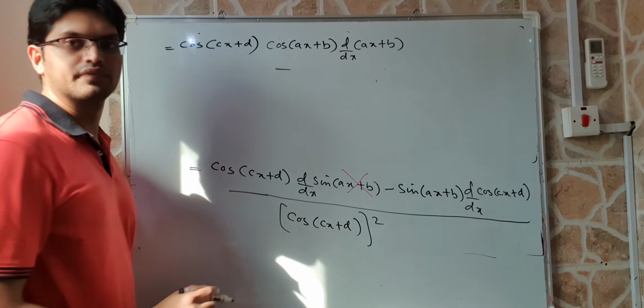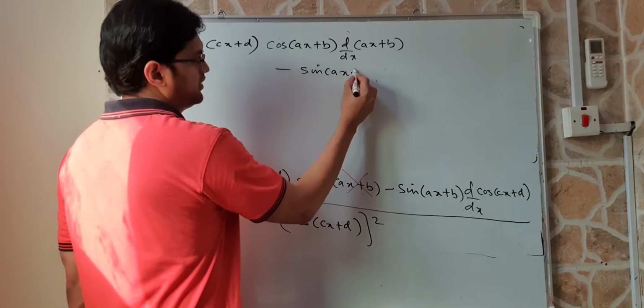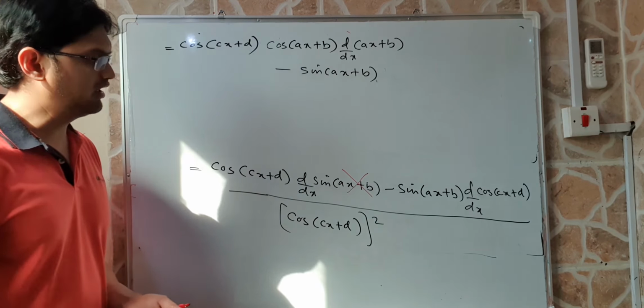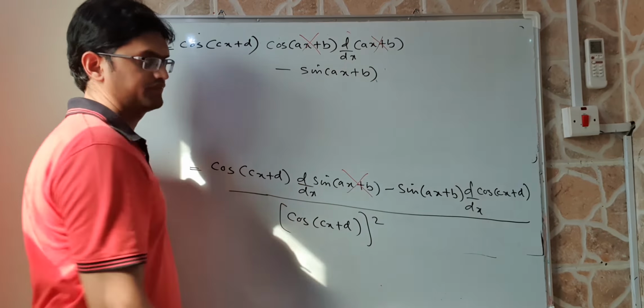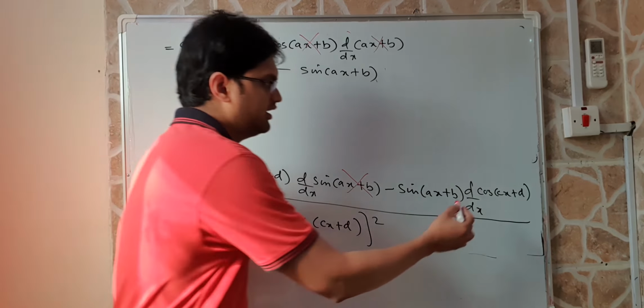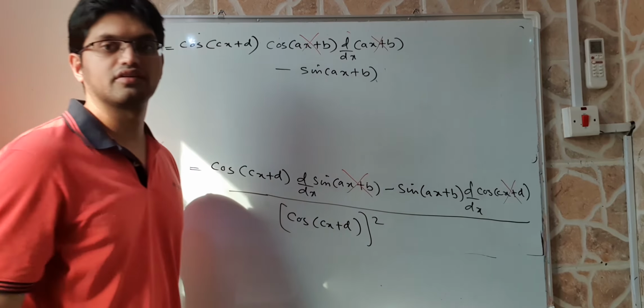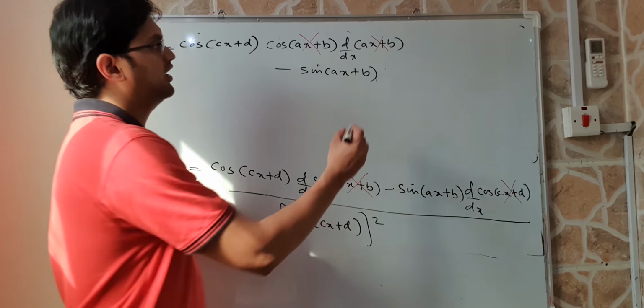minus sin of ax plus b. You see, we have applied it already. This is cos x and the derivative of this one. Here also, minus sin of ax plus b. Again, it is something other than x. So what is the derivative of cos x? It is minus sin x.